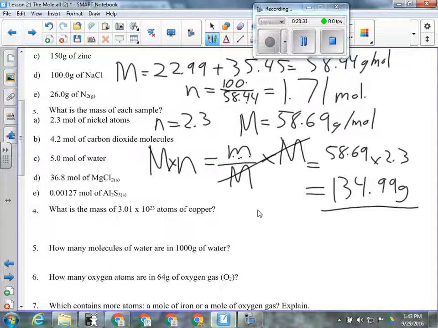Just like the examples we did, if you wrote down your examples, refer back to them as you go through these and see which one this is like. Now I got to practice those steps. That's the whole idea here, is that we are recognizing one of the 4 types of questions and practicing the steps for them. Avogadro's number is only used if you're being asked to calculate the number of molecules or you are given the number of molecules.